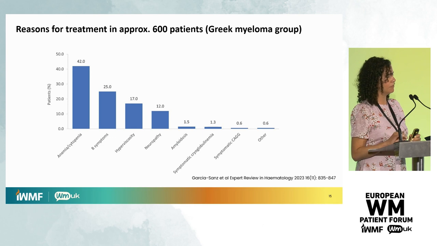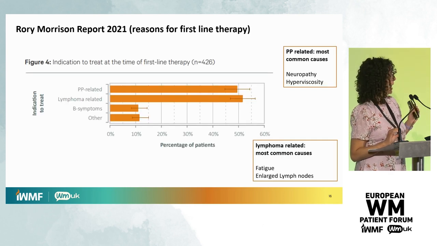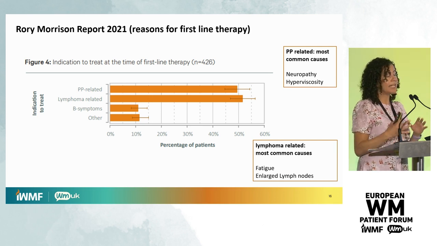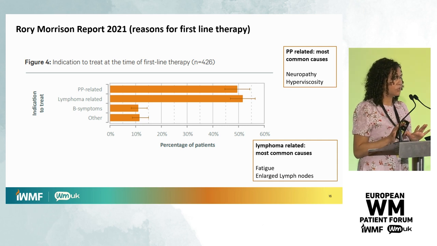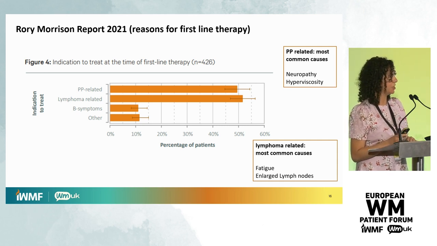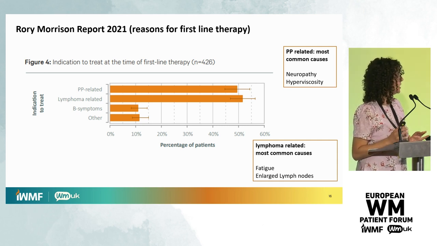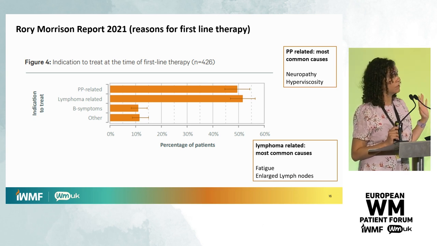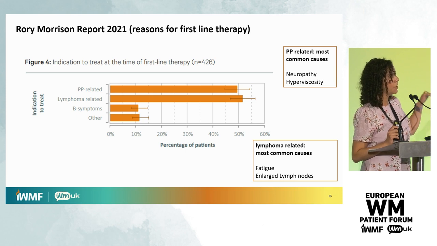So they found that. And we have, within WM UK, published a couple of reports outlining data from the Rory Morrison registry. So this is UK data from UK patients. And again, showing similar kinds of things, that at first treatment, the reason for treatment in just about 50% of patients was paraprotein related, and 50% were lymphoma related.